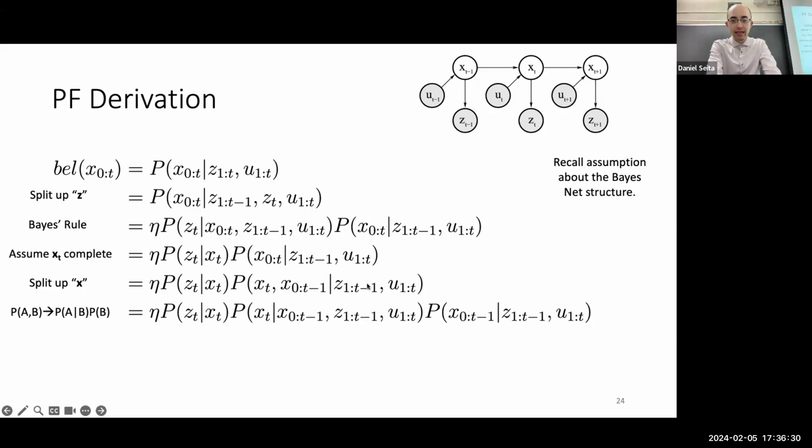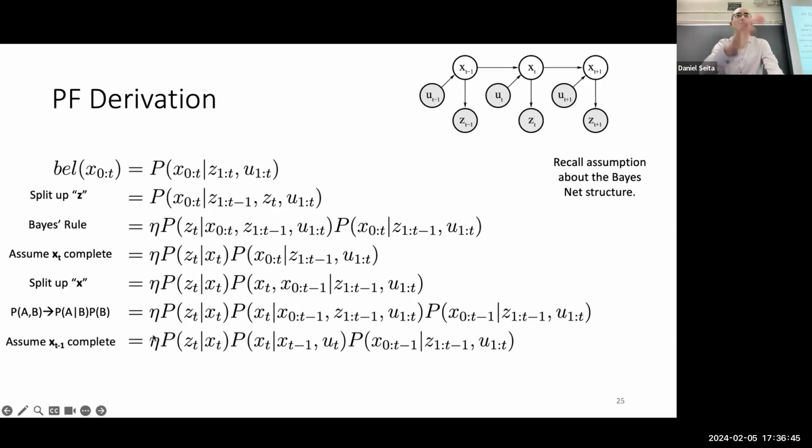In that case, all the conditioning would be z1 to t minus 1 and u1 to t. And then we can also assume that xt minus 1 is complete, and that way we get this transition. And then we're almost done.